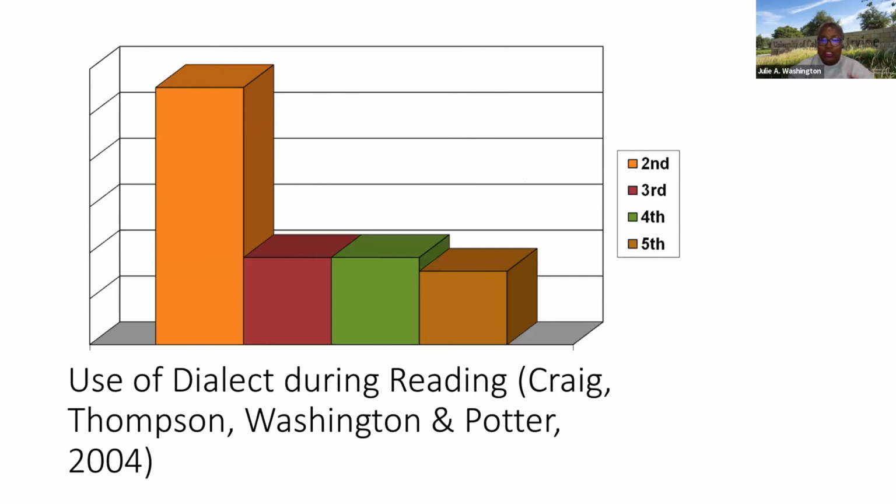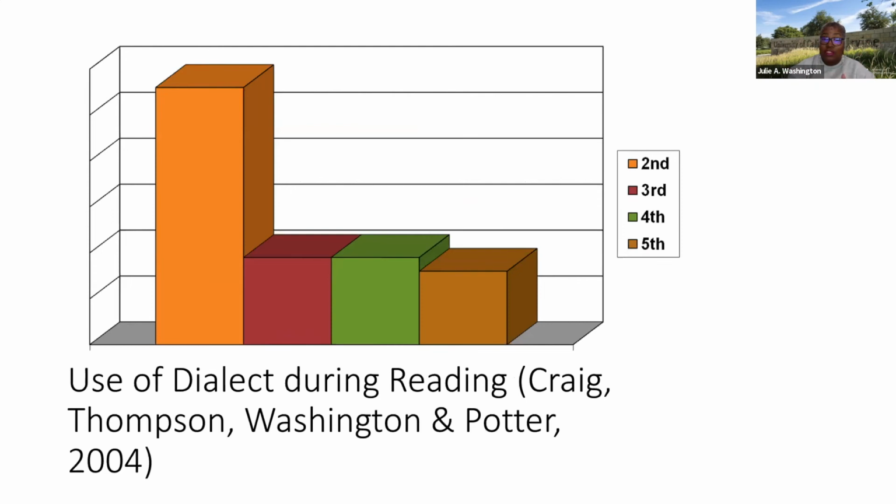And so this is just an illustration of what we tend to see in terms of using dialect during reading. We use the Gray Oral Reading Test, where kids are reading General American English text. It's full of dialect. Most of the kids are using dialect, of course, while they're reading. When the passages are really easy, they can read them exactly as they're written, but as the vocabulary and syntax get harder, we see more dialect being used.